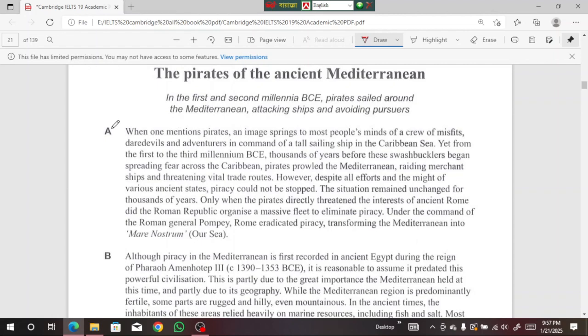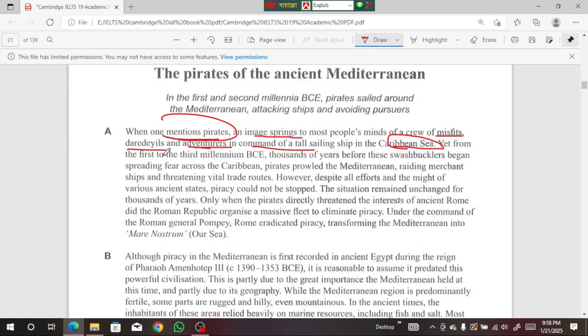Let's begin. When one mentions pirates, an image springs to most people's minds of a crew of misfits, daredevils and adventurers in command of a tall sailing ship in the Caribbean Sea. That means today people imagine misfits, daredevils and adventurers on a sailing ship in the Caribbean.